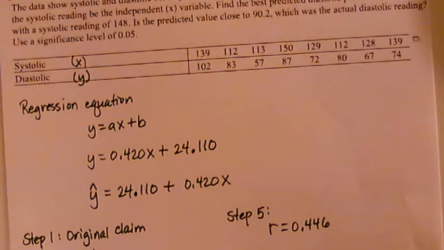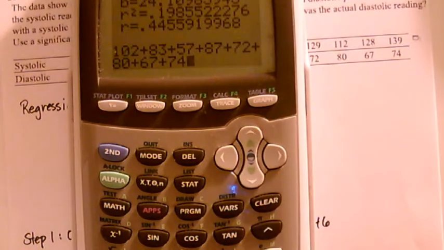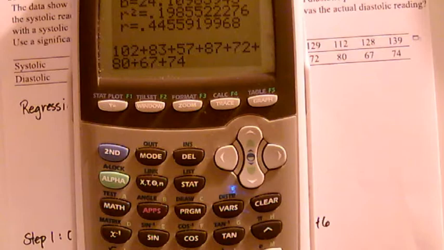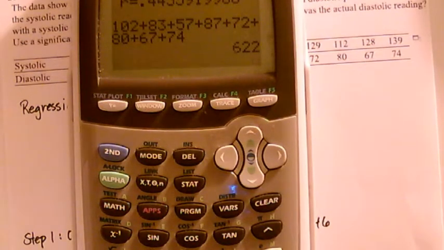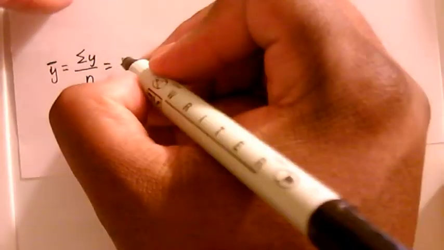So if I have 102 plus 83 plus 57 plus 87 plus 72 plus 80 plus 67 plus 74, and I'm going to go ahead and put this up here so you'll see that I'm just adding up just those y values. That's going to give me 622. And then take 622, divide that by 8.